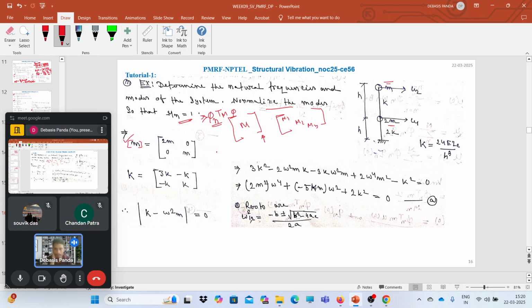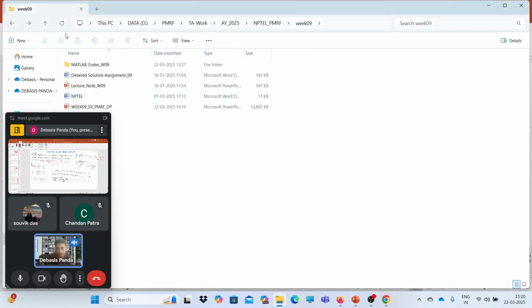And for the K matrix, we know for the two degree of freedom system, the K matrix will look like the coupled K matrix, K1 plus K2, minus K2, minus K2, K2. From the equation of motion, we have already derived it for the two degree of freedom system.